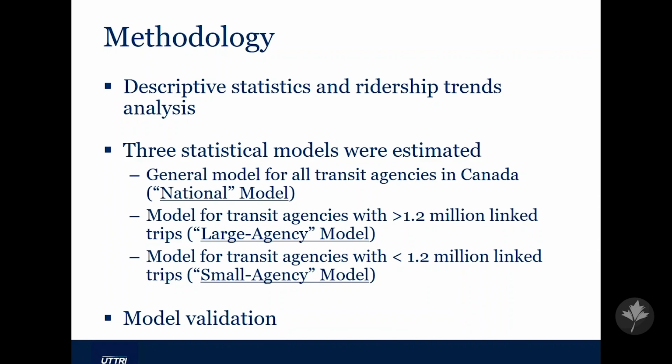The threshold that we used for large agency is 1.2 million linked trips per year. Of course, you may argue this is not really a good definition, but this was really the median, the 50th percentile of the data that we had.